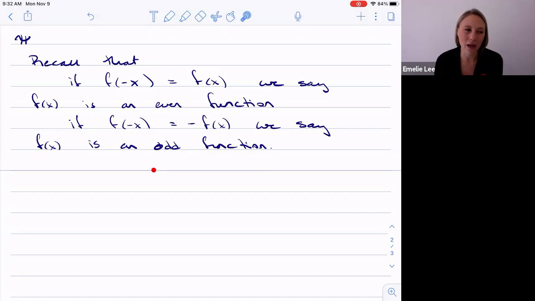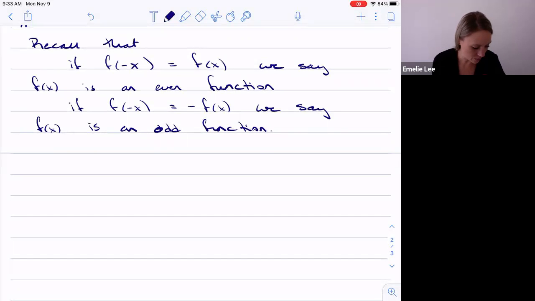If you have an odd power, right? Because if you take negative x in x to the power of 3, for example, so negative x to the power of 3, then you get negative x to the power of 3. Which we'll see, but then you have an odd function. So generally speaking, you can look at the power and figure out if it's an even or odd function depending on the power.